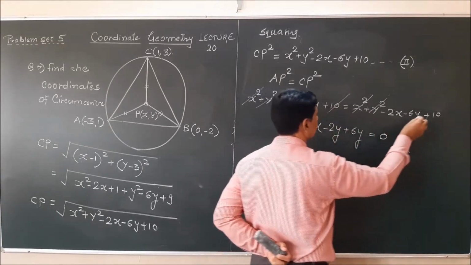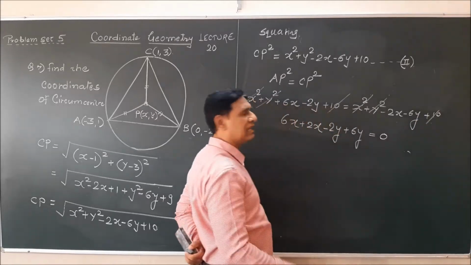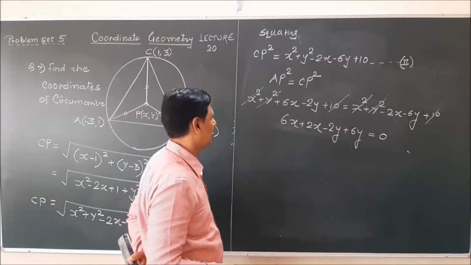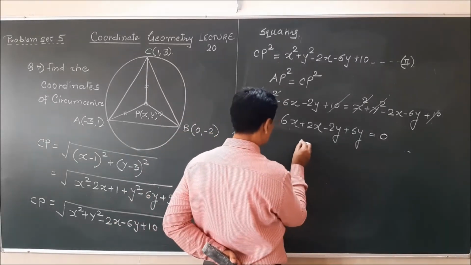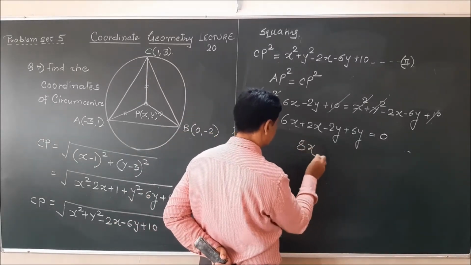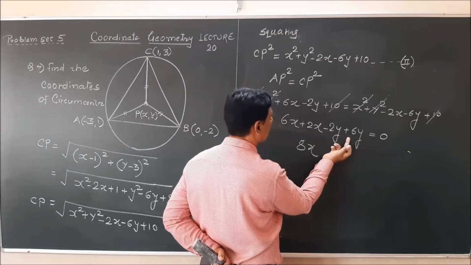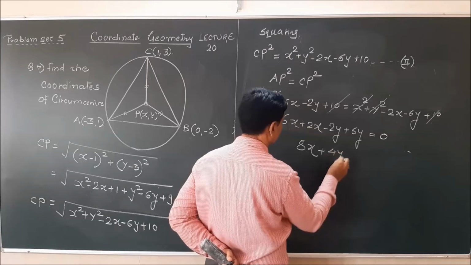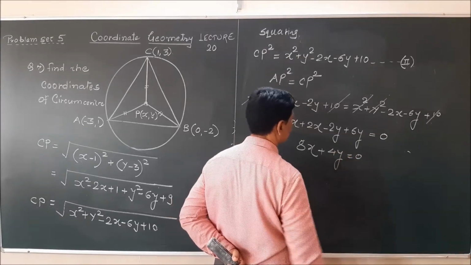Don't be surprised by 0, the reason being that 10 from both sides gets cancelled. 6x plus 2x is 8x, and 6y minus 2y gives plus 4y, equal to 0.